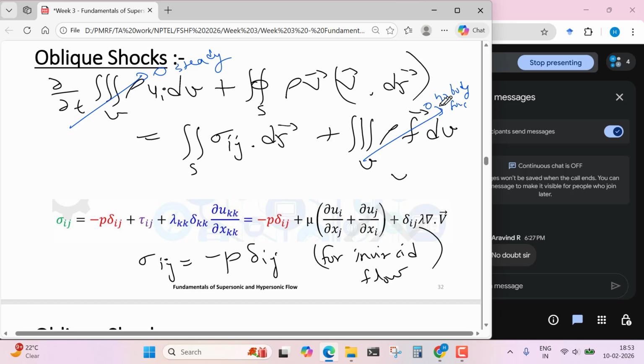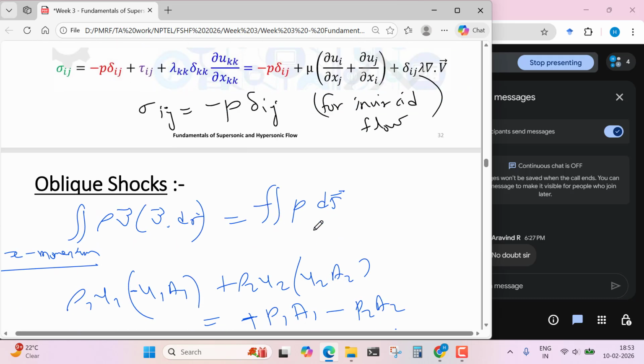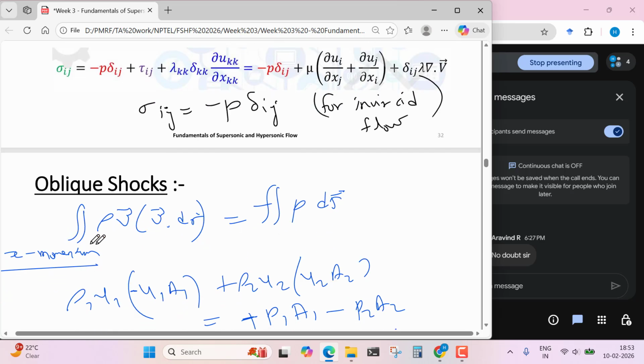As there is no body force, this term will go to 0, and steady flow, so this term will go to 0. Now we have only two terms, and σ_ij, we have mentioned before that due to inviscid flow, it will be equal to minus p δ_ij. So our equation goes like this.